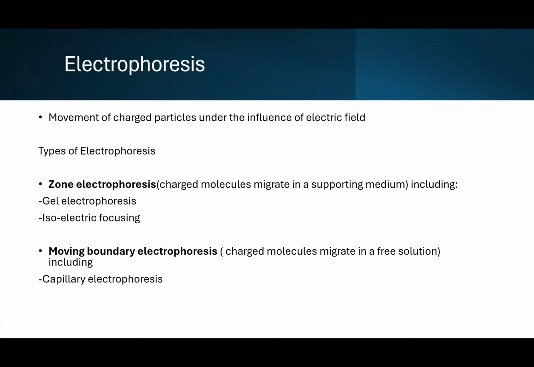Examples of these are gel electrophoresis and isoelectric focusing. And then we also have moving boundary electrophoresis, where charged molecules migrate in a free solution. An example of this is capillary electrophoresis, and I talk about them in detail today.